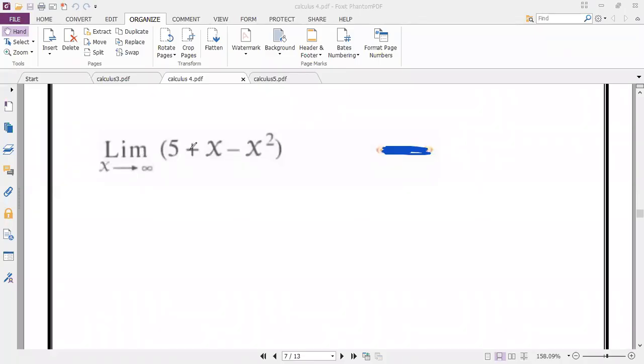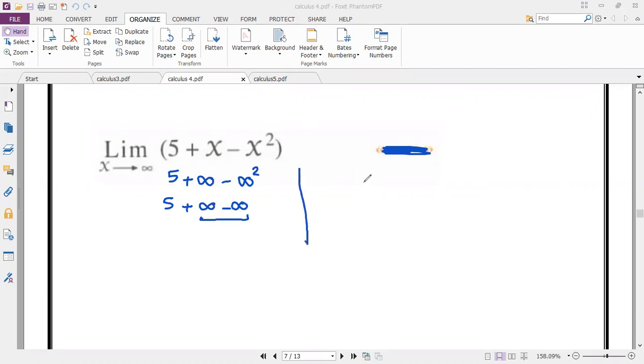I want to get the limit of 5 plus x minus x squared. If we substitute x equals positive infinity, it will be 5 plus infinity minus infinity to the power of 2, which is 5 plus infinity minus infinity. And this value is an unspecified value.